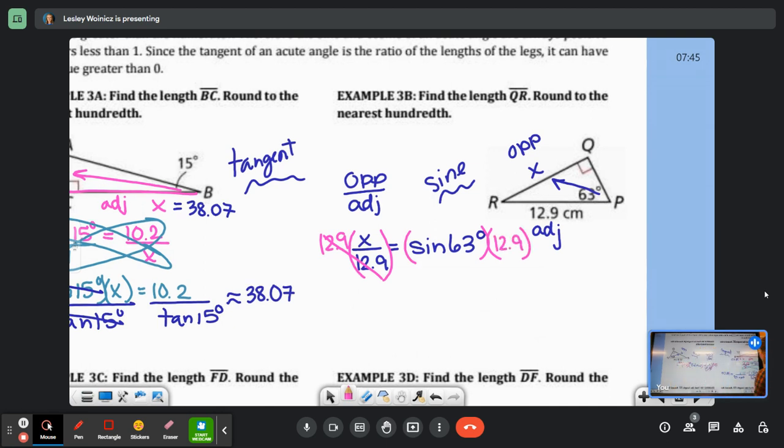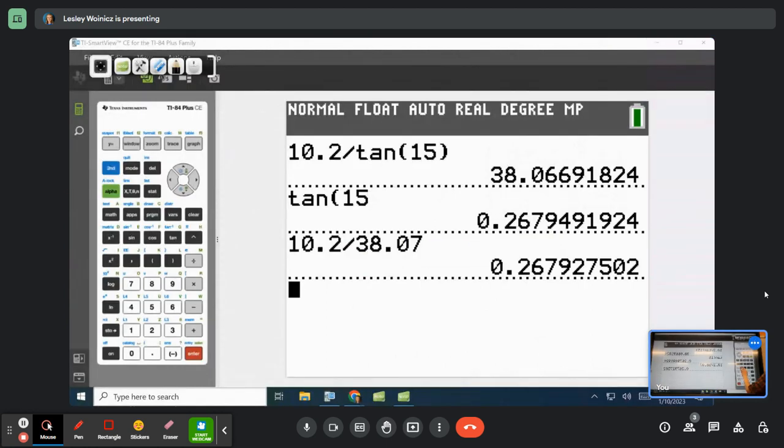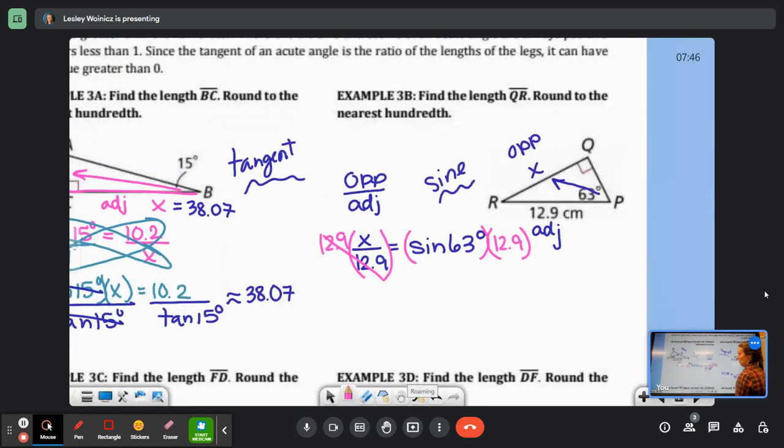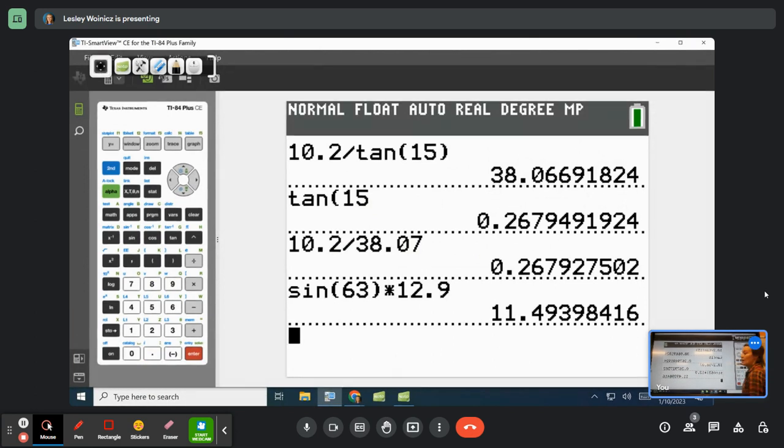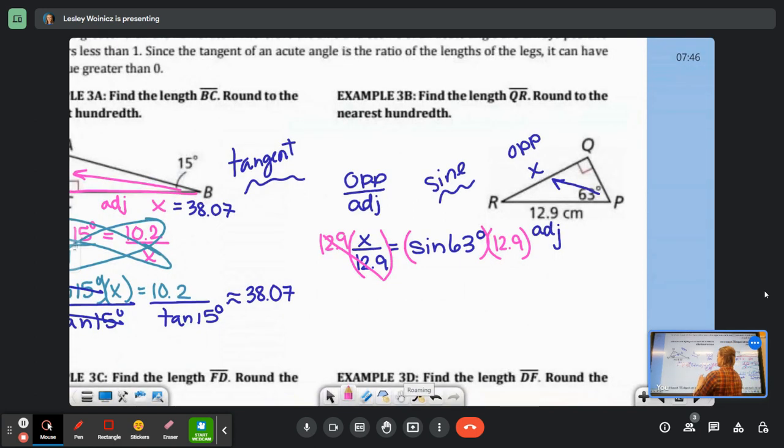So on my calculator, I'm going to do the sine of 63 times 12.9. Rounding to the nearest hundredth, that's 11.49. So we get x equals 11.49. And that's our QR.